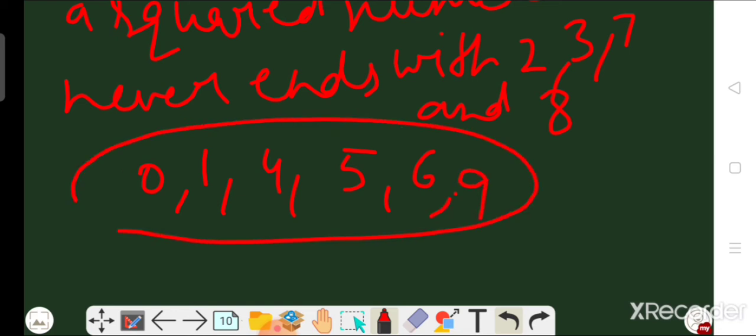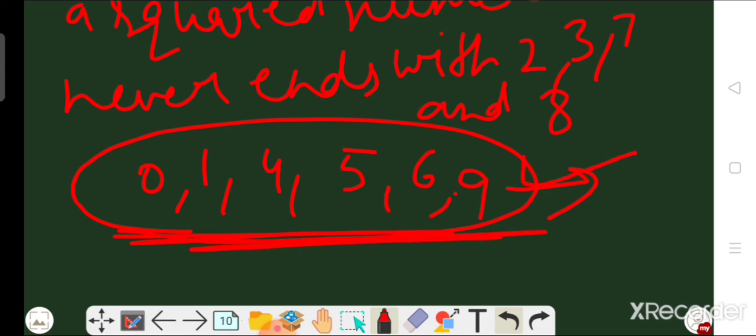So if we have a number as square of any number, then unit place of that number must be from 0, 1, 4, 5, 6, 9. This is the property of your square number, or you can say a perfect square.